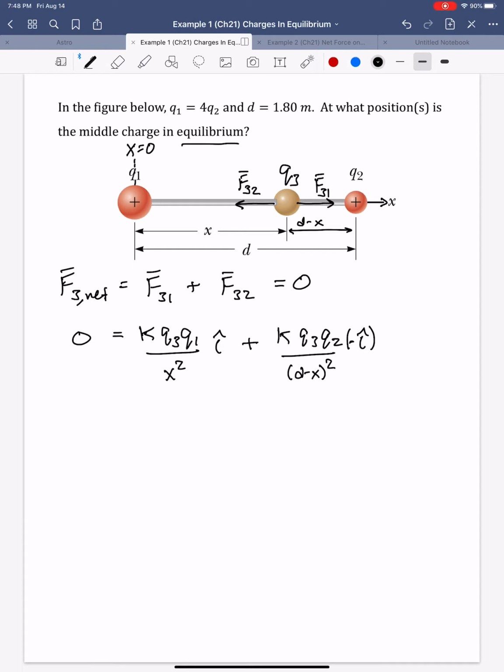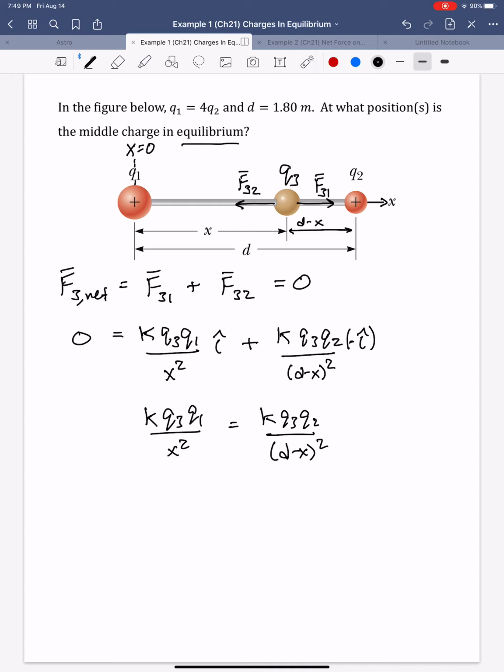We're adding two terms to be equal to 0, so I'm going to bring one term to the other side. It doesn't matter which is on the left. k Q3 Q1 over x squared equals k Q3 Q2 over d minus x quantity squared.